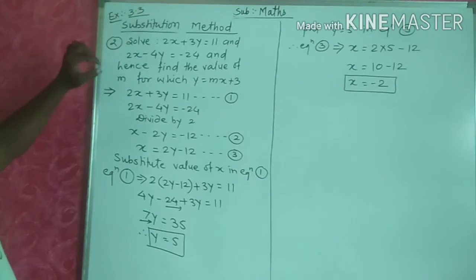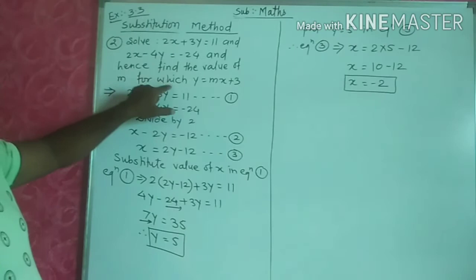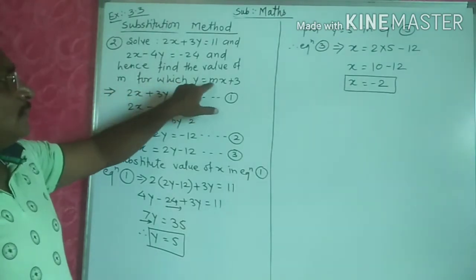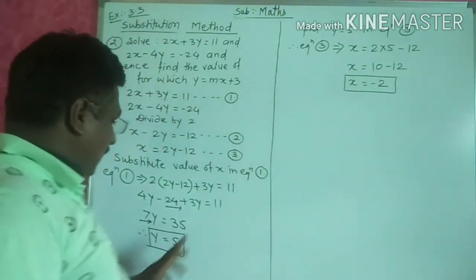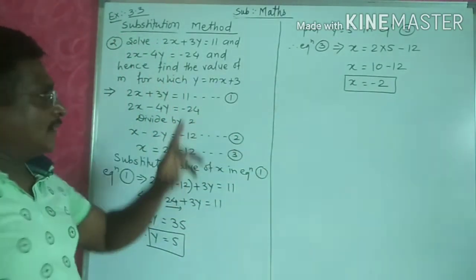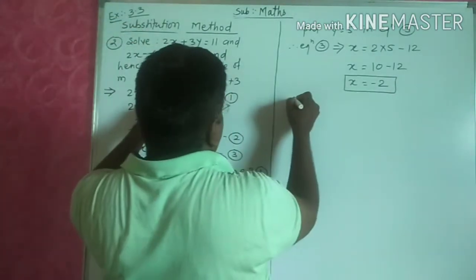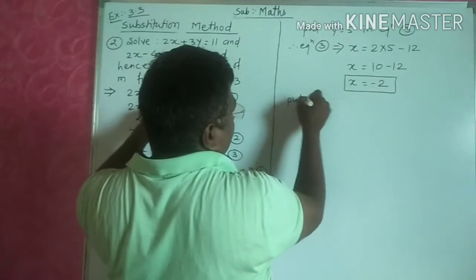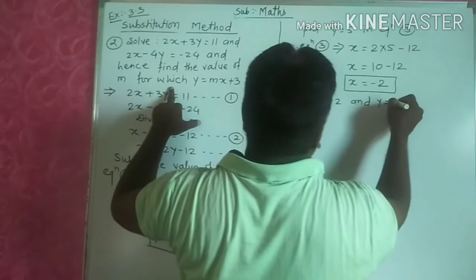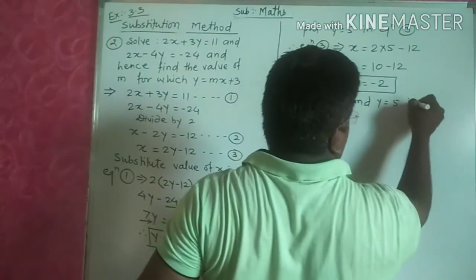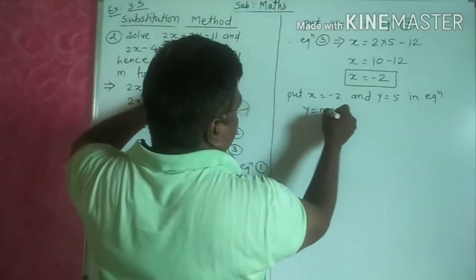Solve. Now the second question: hence find the value of m for which y equals mx plus 3. So now these values of x and y have to be substituted in this equation. Put x equals minus 2 and y equals 5 in y equals mx plus 3.